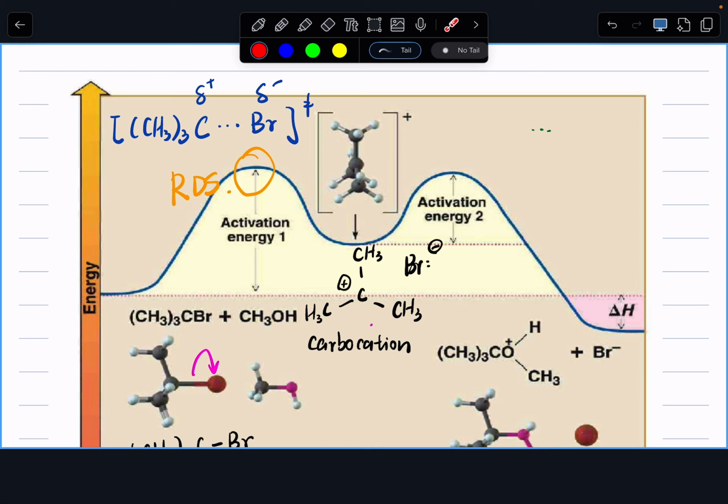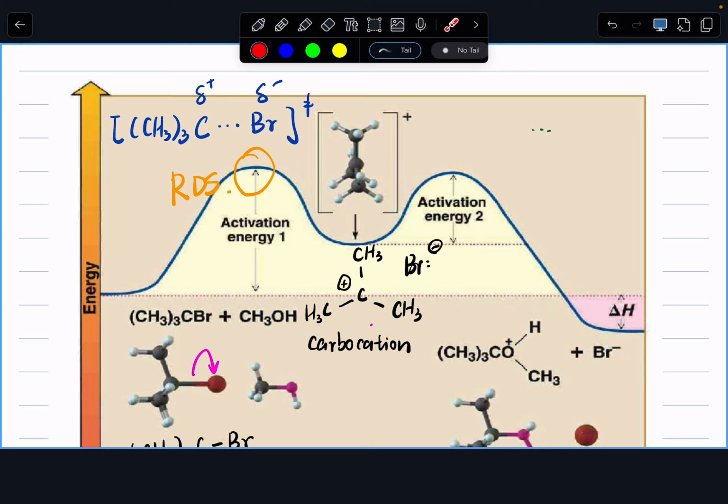Okay, questions? What causes the leaving group to leave? Why is the bromine ion being broken off? So the way to think about it is that this process is an uphill process to form the carbocation intermediate, but the formation of the final product is thermodynamically favorable. Again, the reason behind it is that my carbon-bromine bond is a much weaker bond compared to the carbon-oxygen bond that we're forming at the end.